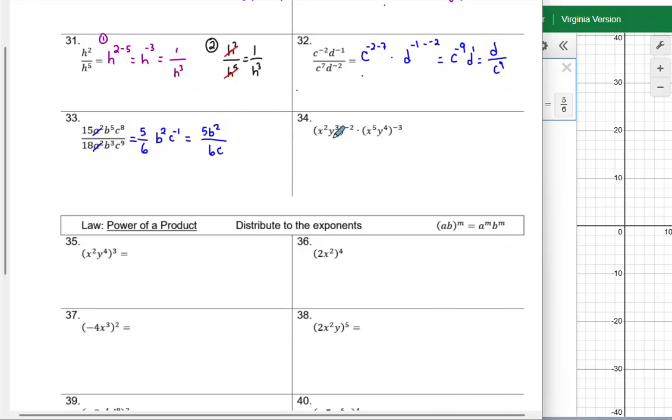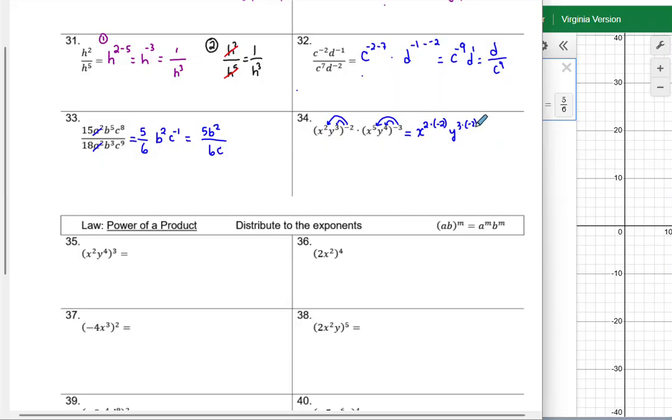All right, there's a lot going on here. We're going to distribute the -2, and we're going to distribute the -3. We're going to multiply it. So you have x^2 times -2, and then y^3 times -2.